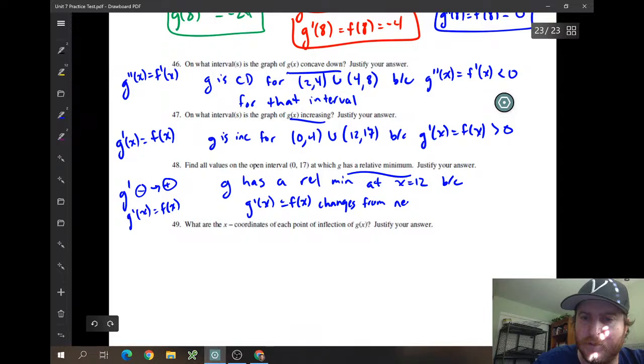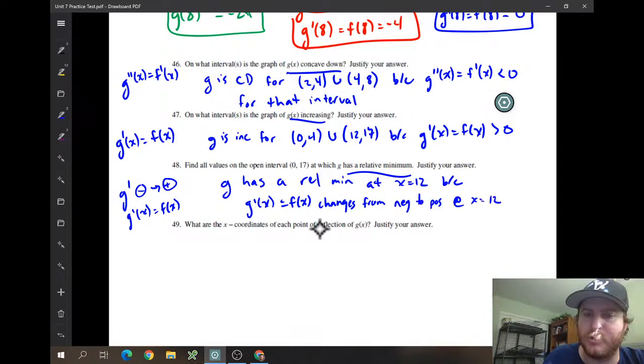Next up, what are the coordinates for each point of inflection? So points of inflection are where g double prime of x, which is equal to f prime of x, changes signs. So f prime of x, that's our slope. Where does the slope change? So where does the slope change from increasing to decreasing or vice versa?